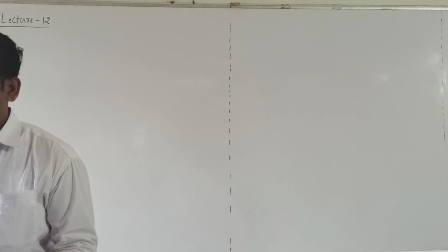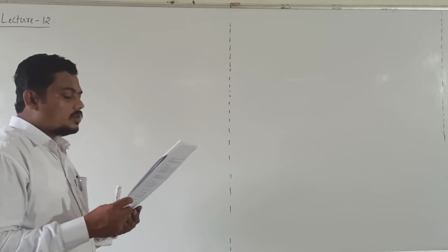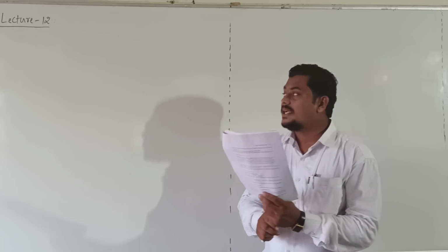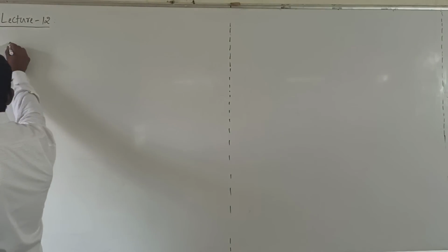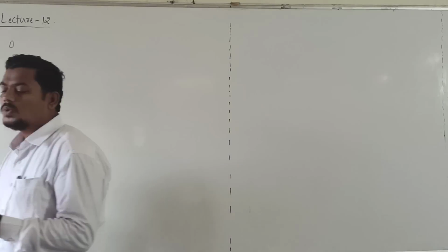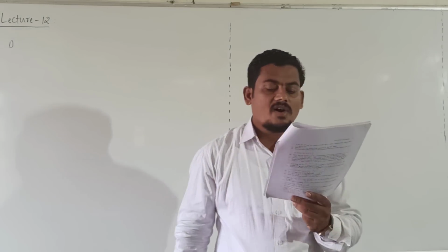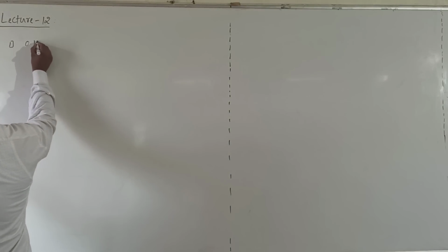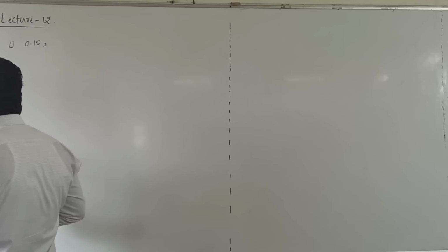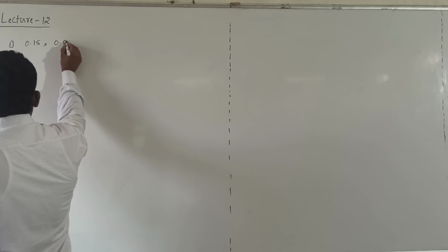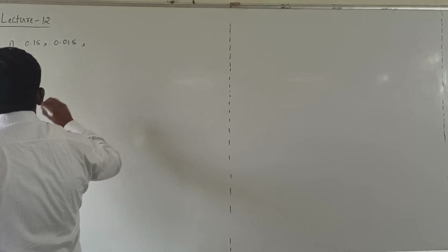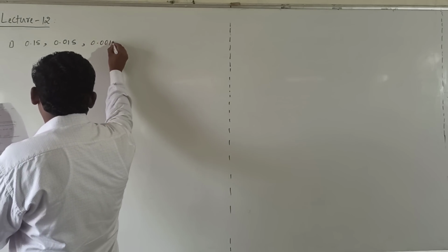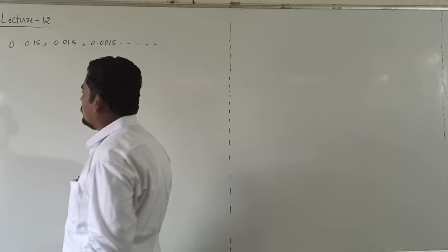Next problem, find the sum to 20 terms of the geometric progression 0.15, 0.015, 0.0015 and so on.